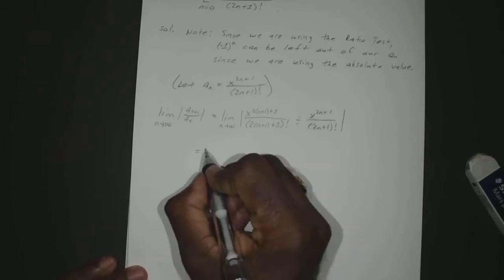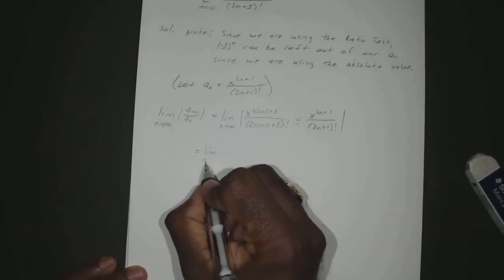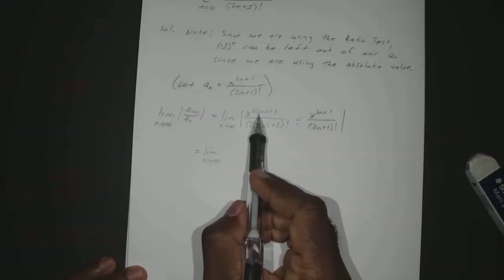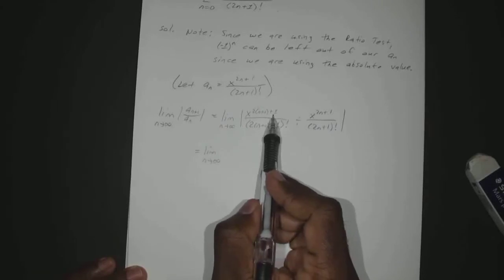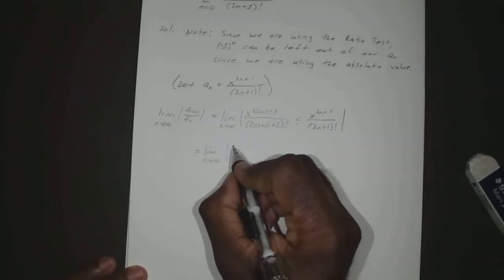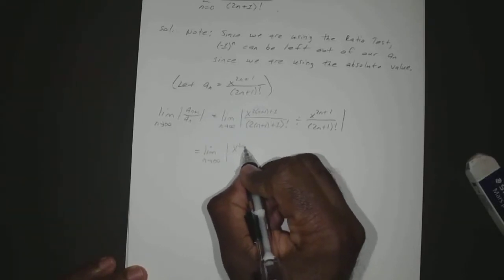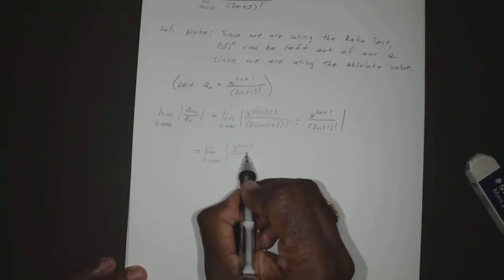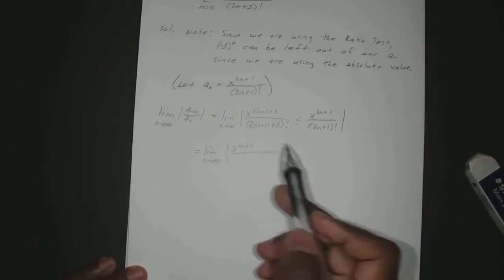Okay, that's equal to the limit as n approaches infinity. If we distribute that 2, we get 2n plus 2 plus 1, which is x to the 2n plus 3. That's the absolute value of x to the 2n plus 3 over 2n plus 3 factorial.